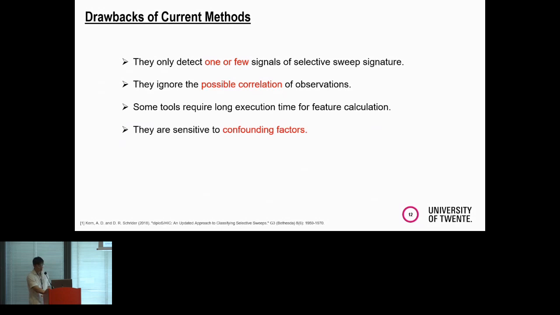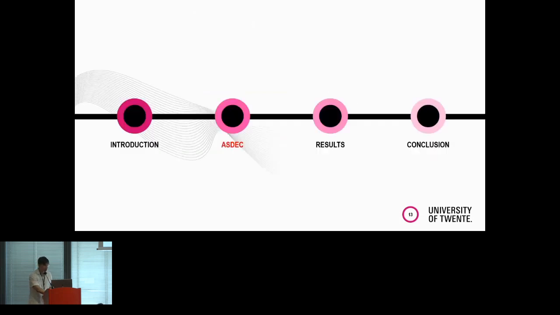Although SoftWave and DeepLogic achieve higher accuracy, they're still sensitive to confounding factors because they still rely on summary statistics. What's more, they also lack flexibility in scanning the genetic sequences because they utilize fixed windows. To address the drawbacks of the current methods, we propose a CNN-based framework.